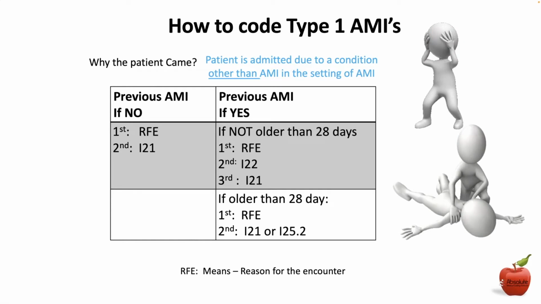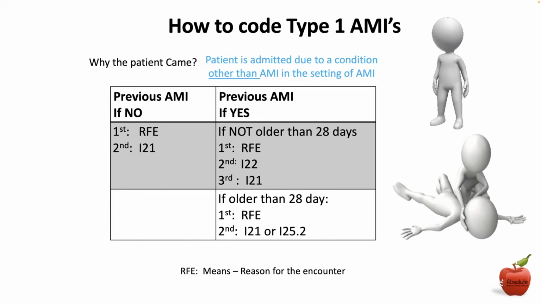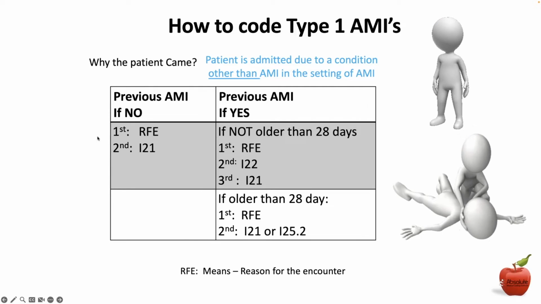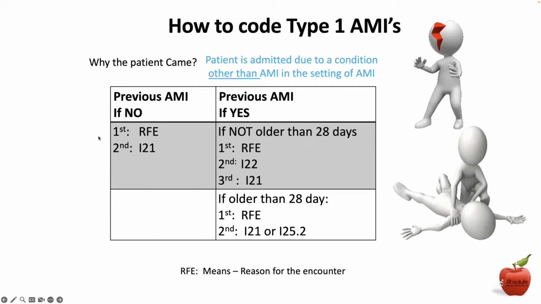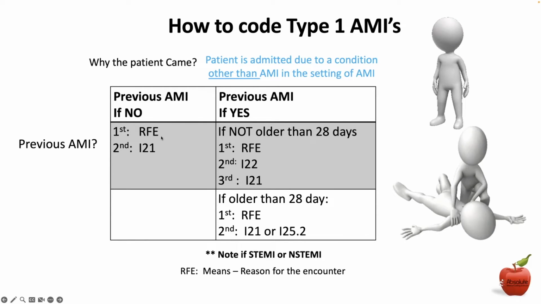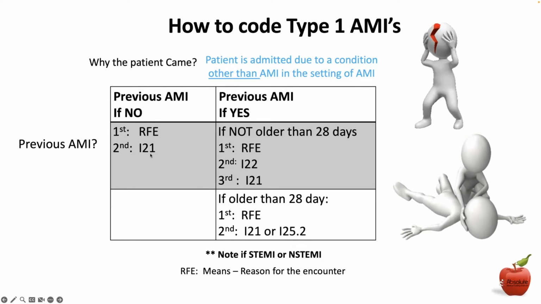He might be chiefly treated for that infarction, but in this case, our documentation doesn't tell us. So we are going to have to code the reason for the encounter first. And then second, we're going to code that STEMI or non-STEMI, whichever it is.